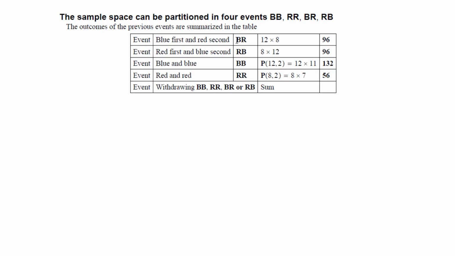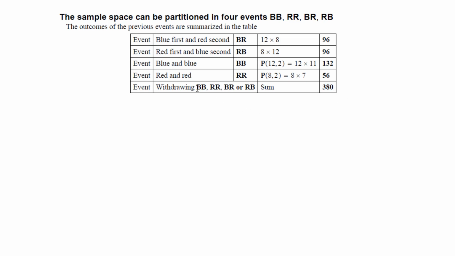We write the event and we write its corresponding possible outcomes. So for withdrawing blue-red, we have 96 possible outcomes. For red-blue, we have 96. For blue-blue, we have 132 outcomes, and for red-red we have 56. Now let's add all of them together and we are going to get 380, which is the number of elements in the sample space itself.